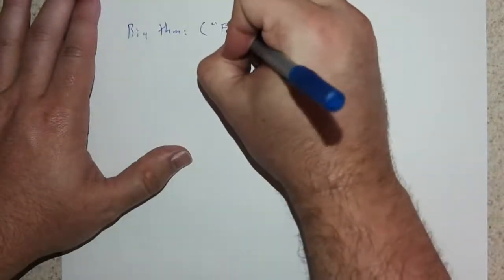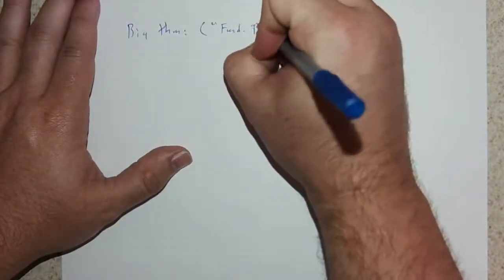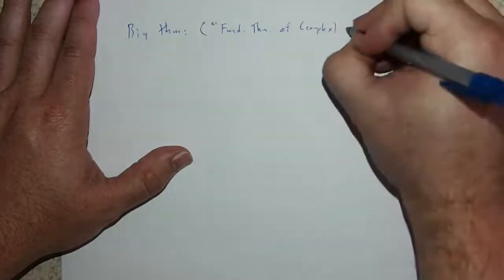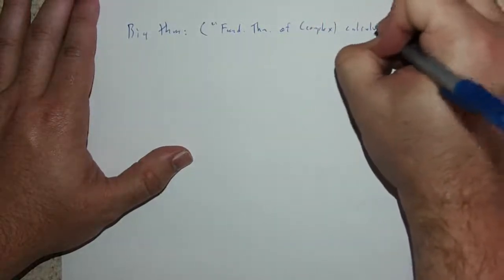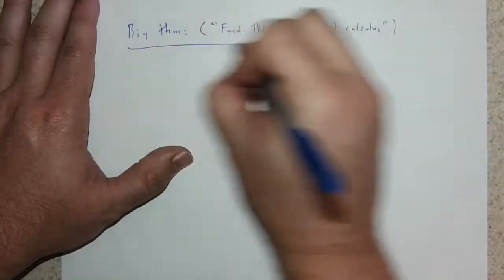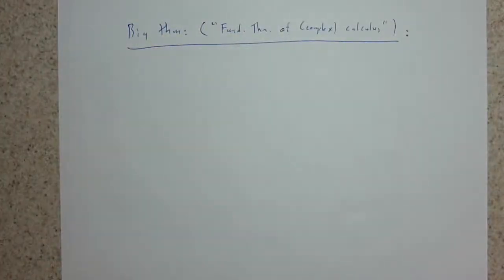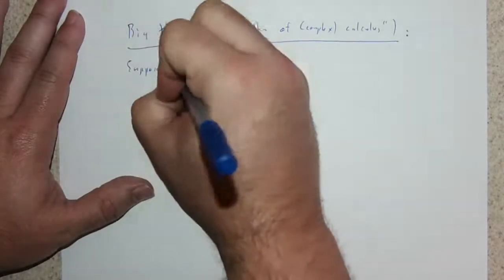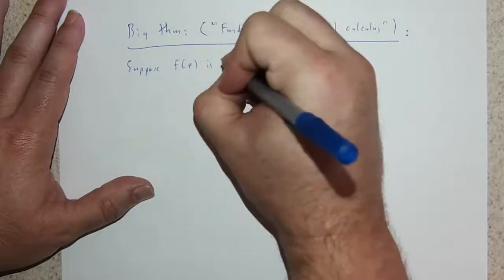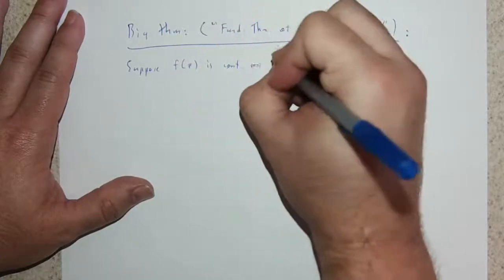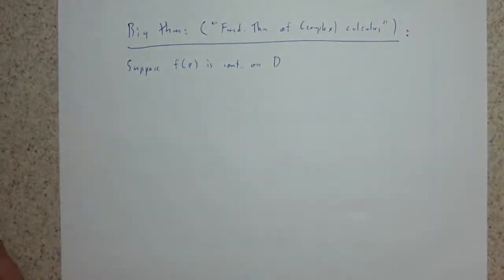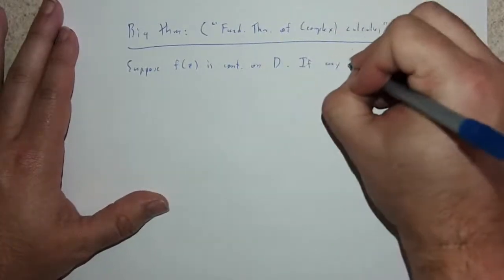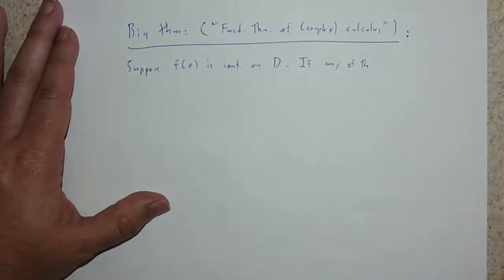So, the fundamental theorem of complex calculus. It says the following. Suppose that f of z is continuous on D, which is a domain. If any of the following statements is true, then so are the others.